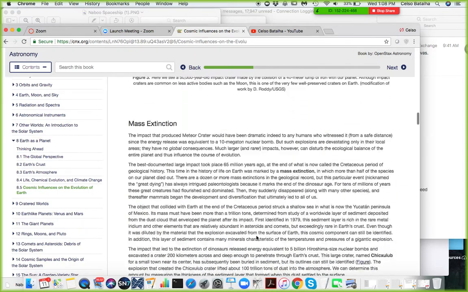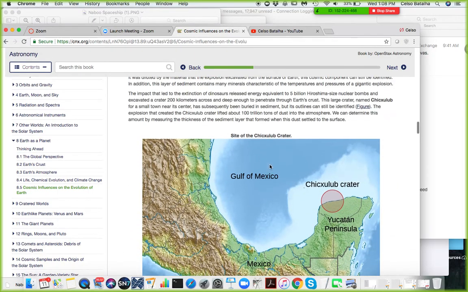Chicxulub is another indicator of a collision that happened on Earth 65 or so million years ago. And this impact was so magnificent that it is associated with the end of the dinosaur era, in which the collision produced so much dust and powder in the atmosphere that it covered Earth with a thick layer reflecting sunlight and bringing the planet to a cooling process for several years.